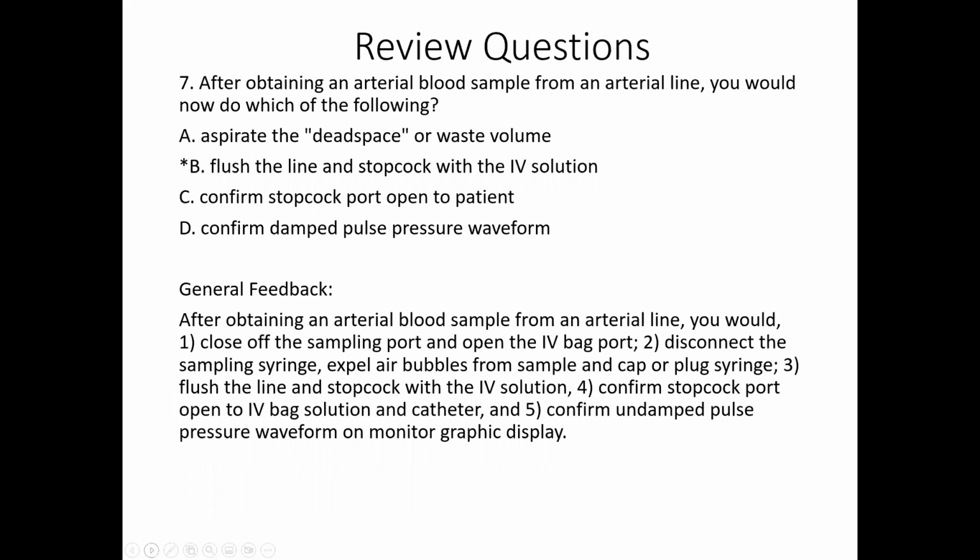After obtaining the sample, close off the sampling port, open the IV bag port, disconnect the syringe, expel air bubbles, flush the line and stopcock to flush all the blood out so it doesn't clot up, and confirm the stopcock port is open to the IV. And again, confirm an undamped pulse pressure waveform on the graphic display.